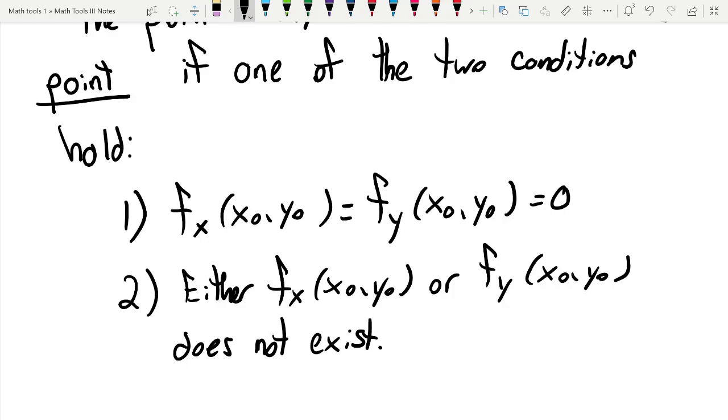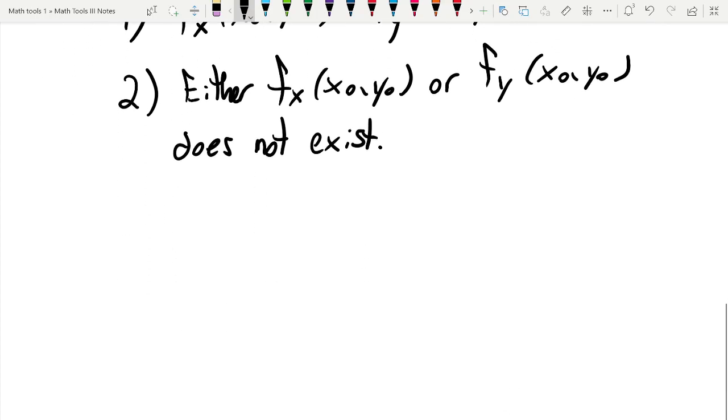Okay, so they either both need to be 0 or just one of them has to not exist. So very important here that we remember that the first one is an and, the second one is an or, right? So let's just jump into some examples.